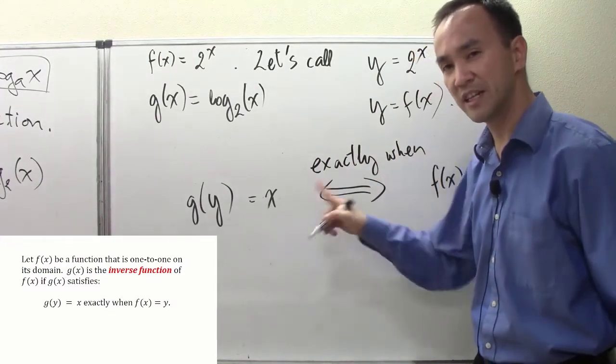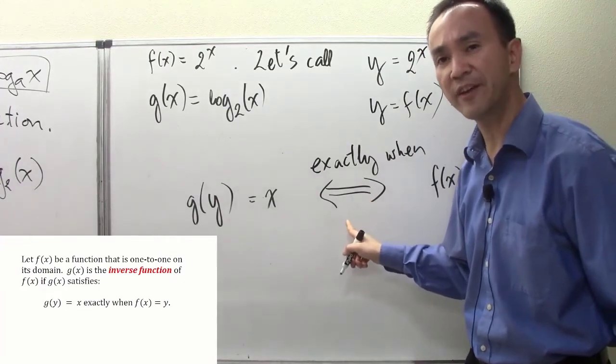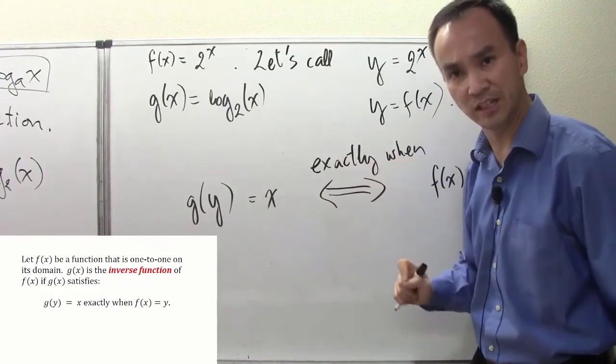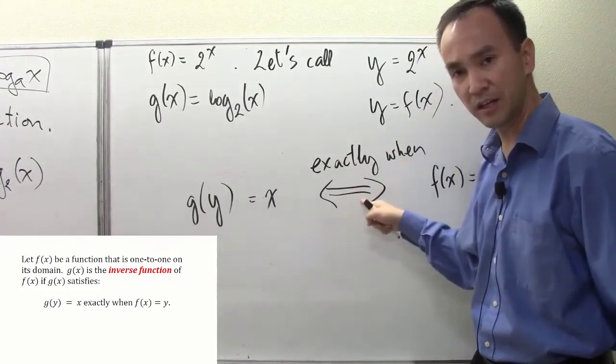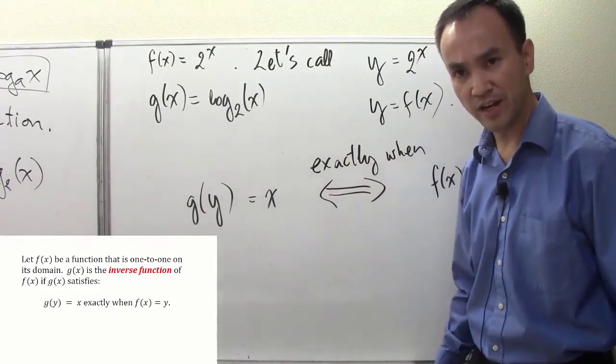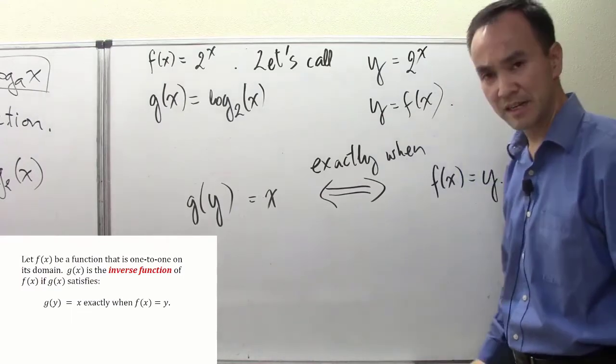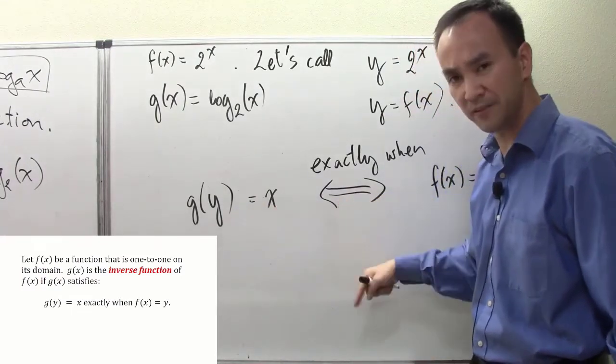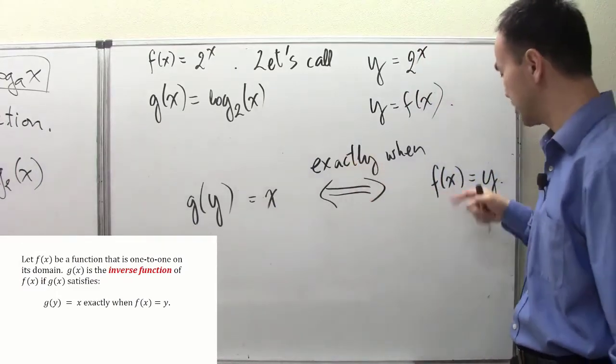Formally, you might hear people say if and only if. That is exactly the same logic. So g of y equals x if and only if, or exactly when, f of x equals y.